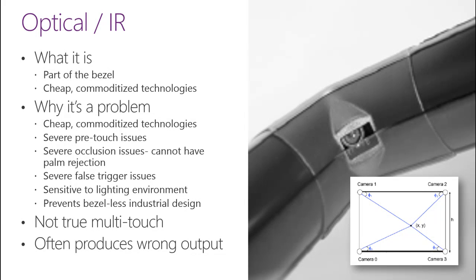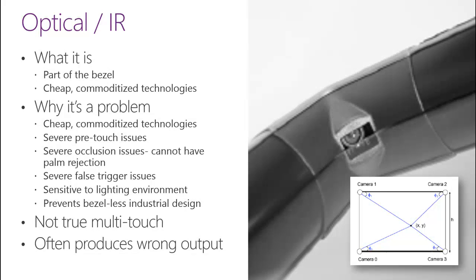Because of the way this technology works, you'll see several kind of what we'll call pre-touch. So I may put my finger near the device, and it will recognize that as a touch because I broke the pane of the cameras. So it's not really giving me, I wasn't trying to touch it, but it's thought I did, right? You get all these different things like palm rejection.